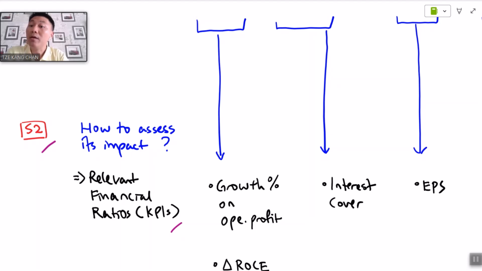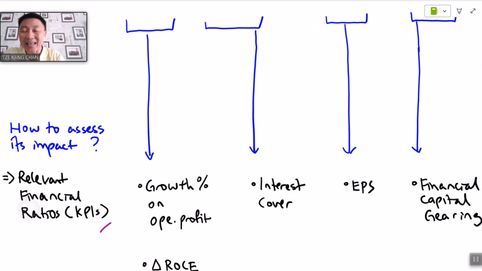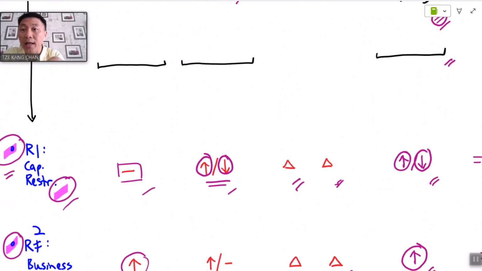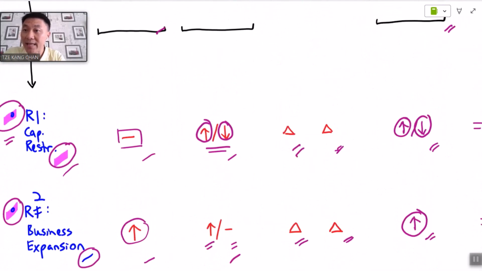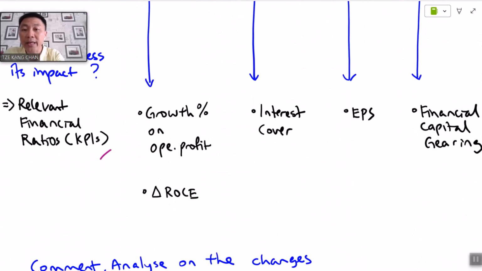A range of relevant financial KPIs for assessing the changes in profit before interest and tax will commonly look at growth rates or changes in operating profits. Alternatively, examine the changes in the return on capital employed, which is based upon the PBIT as the numerator in the ratio.